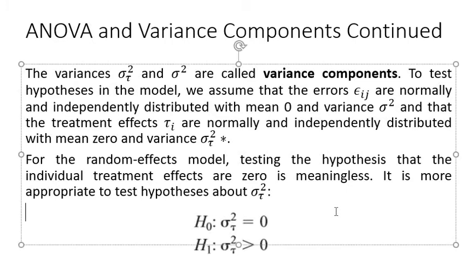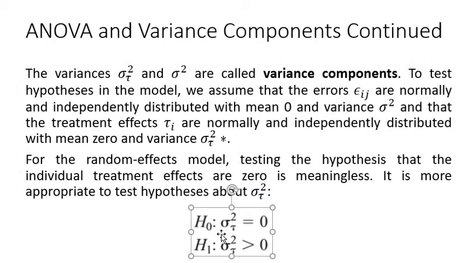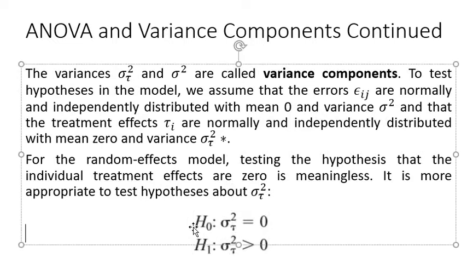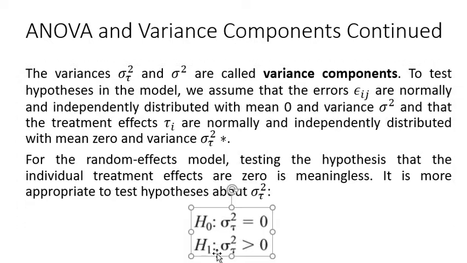So our null hypothesis is sigma squared sub tau is equal to 0, and our alternative hypothesis is sigma squared sub tau is greater than 0.